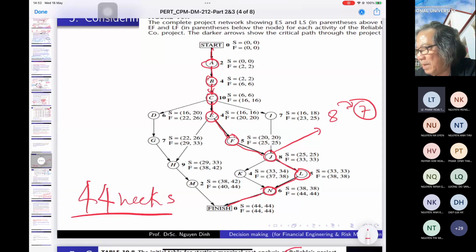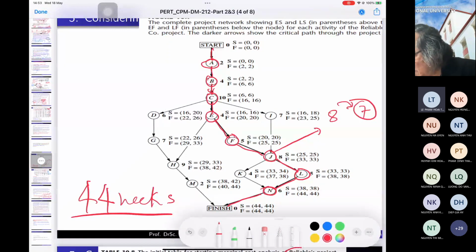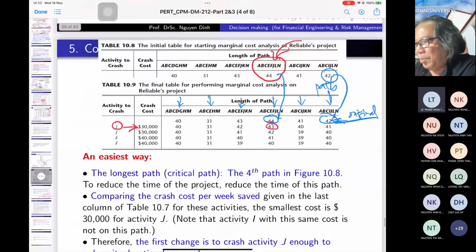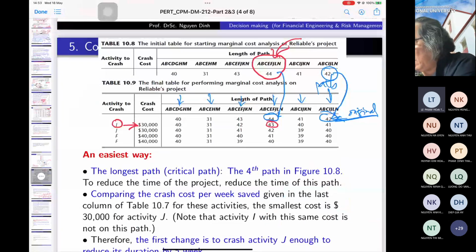And when it becomes 7, the other paths passing through J are also reduced by 1 week. So we look at this. Which paths contain J?